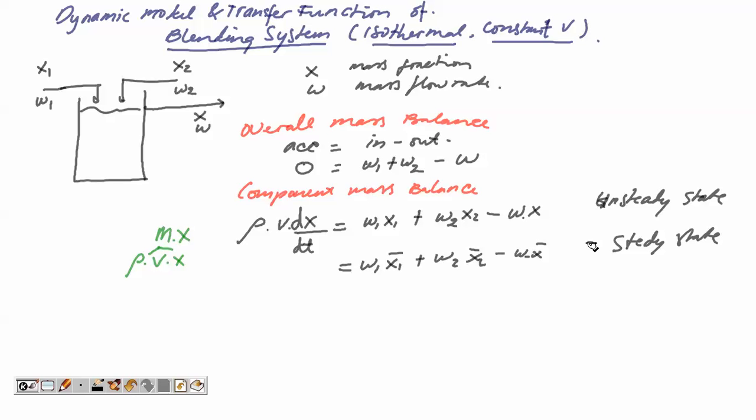At steady state, we assume that the value of each dependent variable is always the same, so dx over dt will be 0 here.